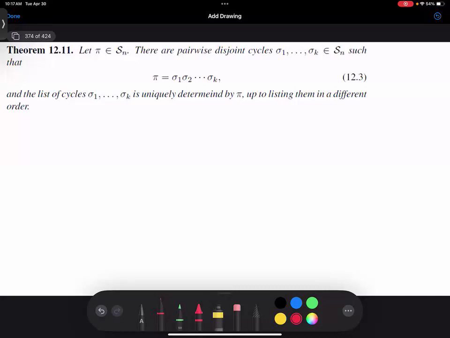This is not so bad. Look at the action of pi on 1, 2, ..., n. It breaks into distinct orbits.